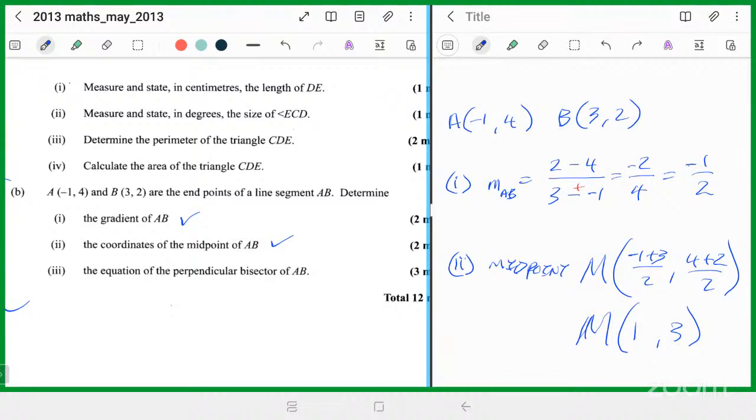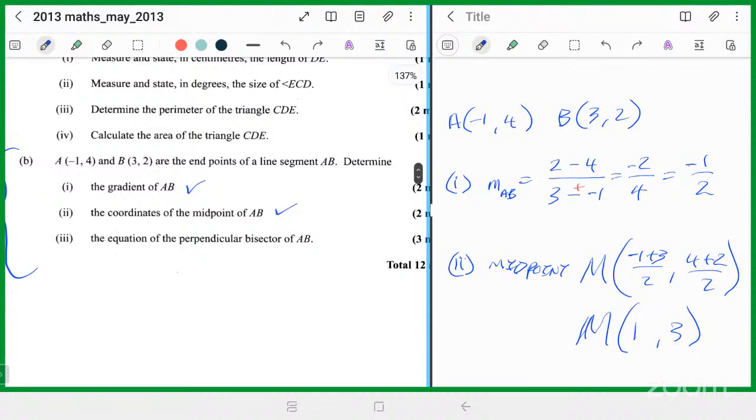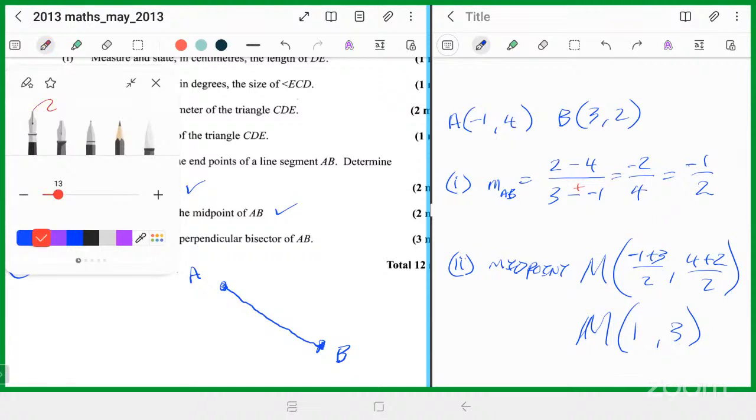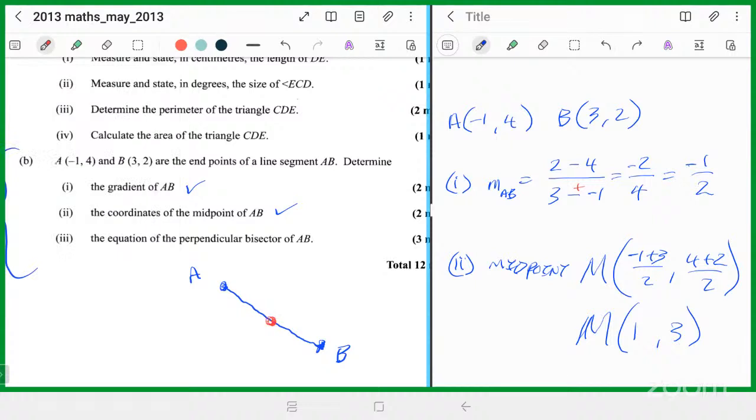This part wants the equation of the perpendicular bisector. The perpendicular bisector is the line that passes through the midpoint and is perpendicular. Let me sketch it out for you so you can see it. (-1, 4) would maybe be here, and (3, 2) maybe here, and the line segment between them is AB. The perpendicular bisector passes through the midpoint between them and runs perpendicular to it.